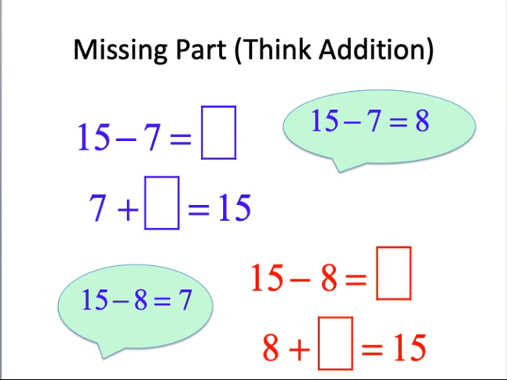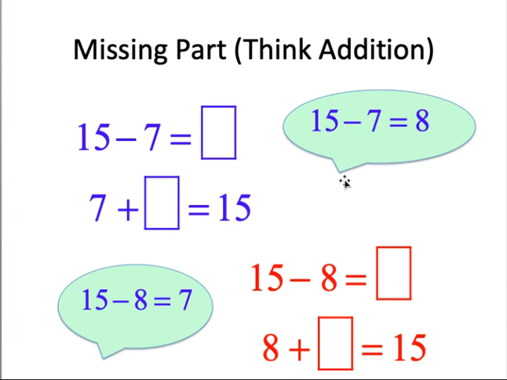Here is another way to think about subtraction. Think of it as the missing part of an addition problem. So if we wanted to solve the subtraction problem 15 minus 7, we think, if we know our addition facts, what would I have to add to 7 to get 15?